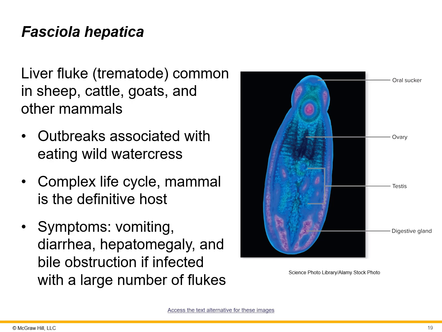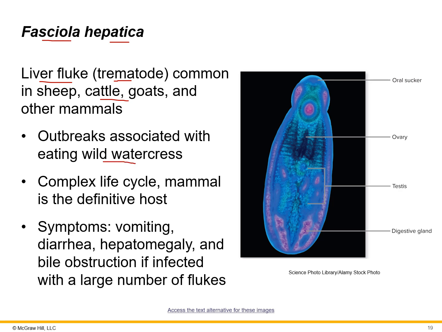Now for our other type of worms, or trematodes, we'll talk about the liver fluke, and the name Fasciola hepatica. So hepatica, think about hepatocytes, hepatitis, think about the liver. So this is a liver fluke, common in sheep, goats, and other mammals. Outbreaks are associated with eating wild watercress.